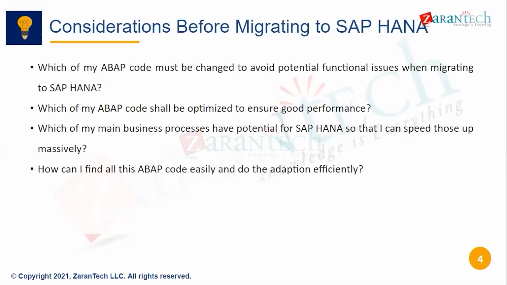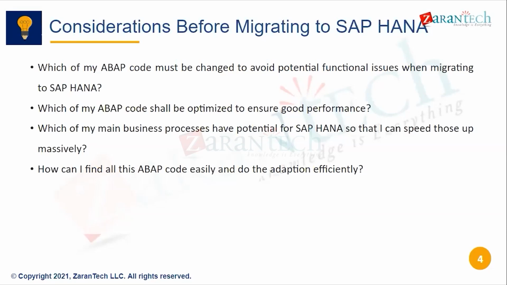Which of my ABAP code shall be optimized to ensure good performance? I wrote a report on a traditional ERP system and everything is going good, that's fine. But if I move it to the new system, can I still optimize it further so that I get good performance out of it?